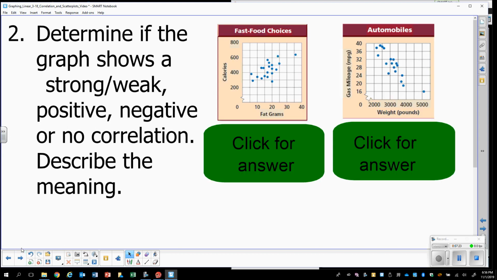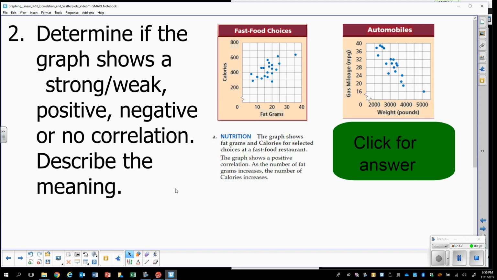When we're looking at the graphs here, again, when we're trying to tell if it's strong, if it's weak, if there's no correlation, a lot of times we're going to be looking at real-world problems. So in this particular graph, we see this graph shows the fat grams and the calories for the selected choices at a fast food restaurant. The graph here shows a positive correlation, and this correlation is moderate.